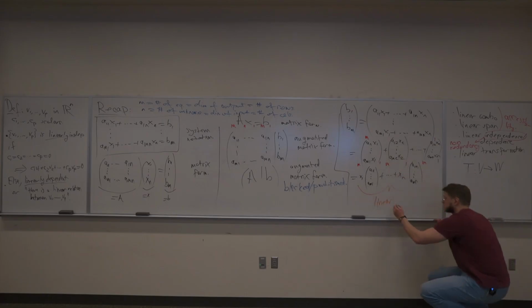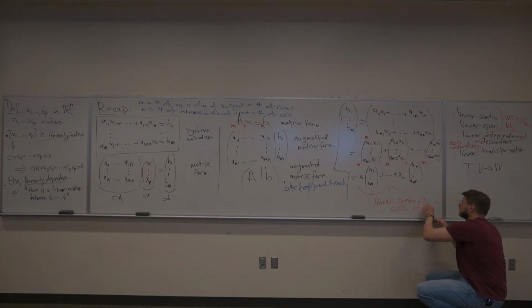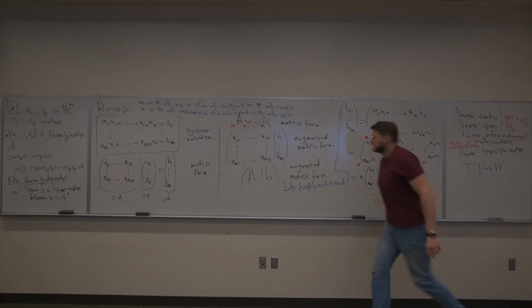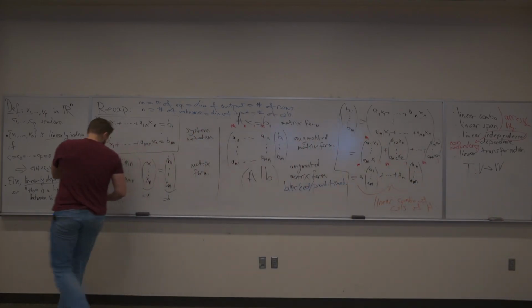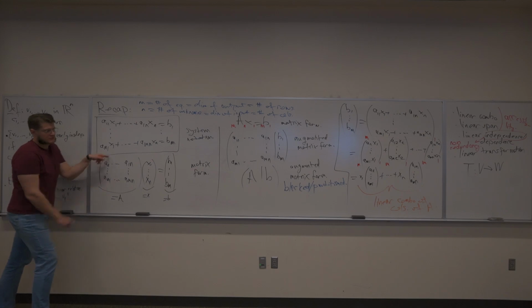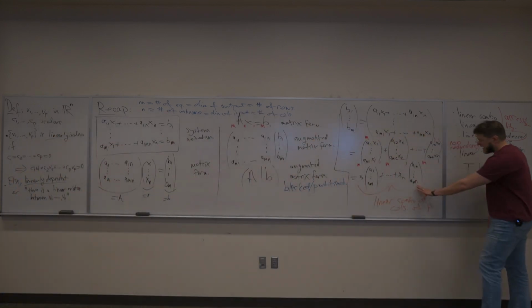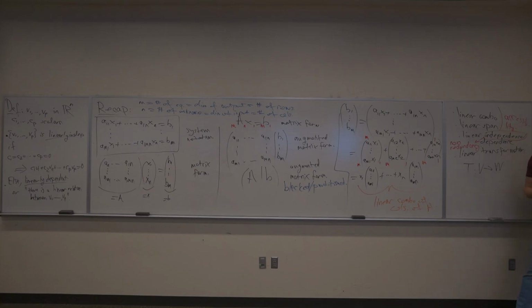Linear combo of columns of A. See, for instance, this guy is precisely the first column of A, and so on. This right here is the nth column of A.